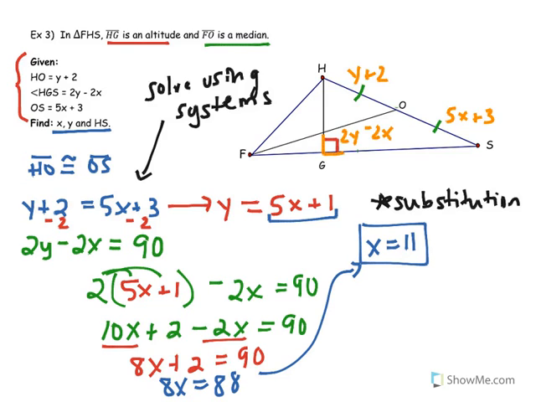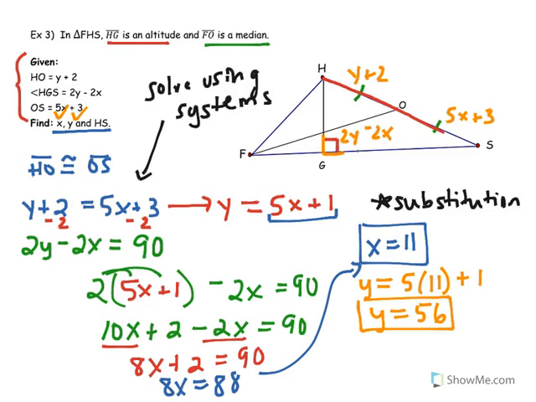Okay? And then we take that x and plug it back in to solve for y. So y equals 5 times 11 plus 1, or 56. So I've found x, I've found y, and my last step is now, how do I find HS? Well, HS is this entire segment here, and what I notice is I know that HO is congruent to OS.